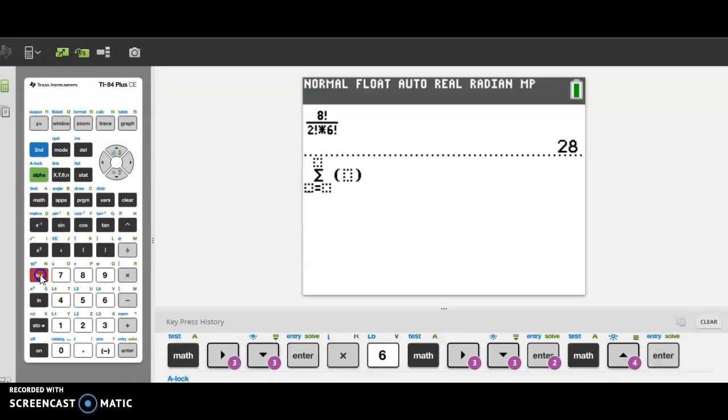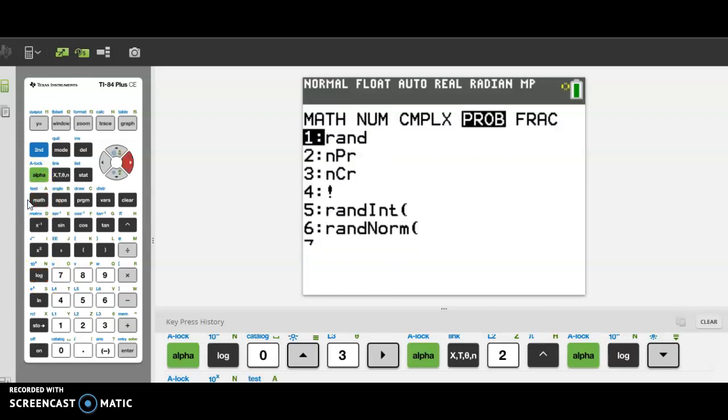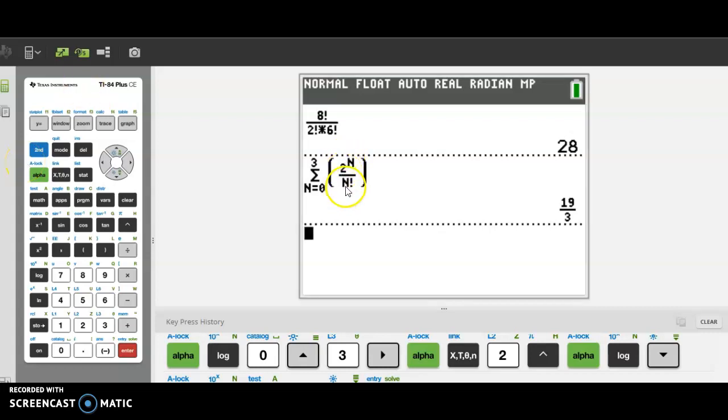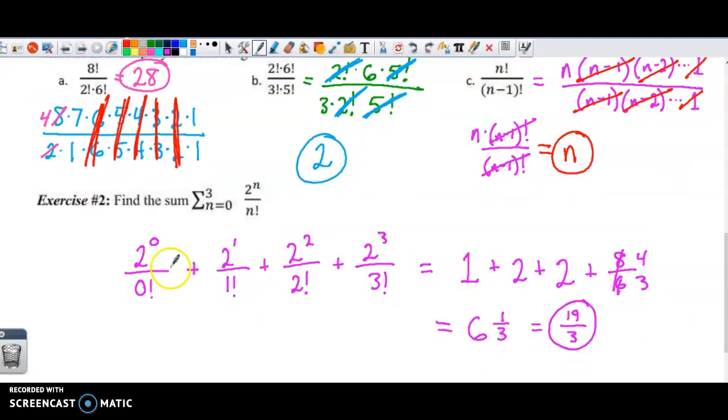You hit alpha n from 0 to 3 and make your fraction 2 to the alpha n over alpha n, math, factorial. And I know I'm doing this fast, but I already showed you how to do it by hand. I'm just pointing out that your calculator is smart enough to do these for you, which is why I'm not too concerned. Right now we're just sort of having fun with these problems.